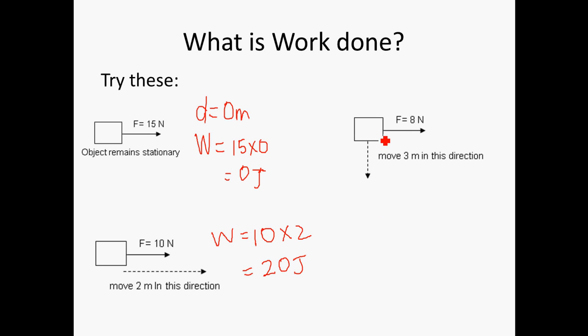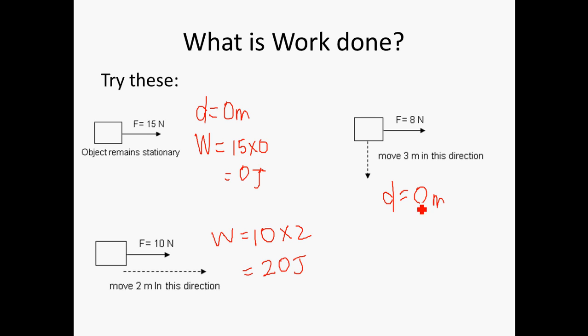You realize that although a force is applied to the right, the object refused to move to the right. Instead, it moved down 3 meters. If it moved down 3 meters, it did not progress in any way to the right. So what is the distance traveled to the right? The distance traveled to the right is also 0 meters.